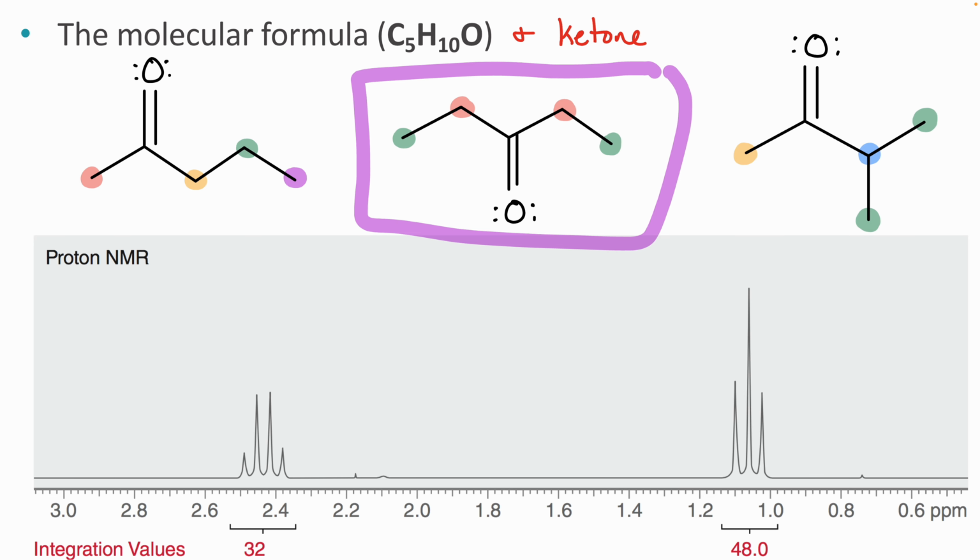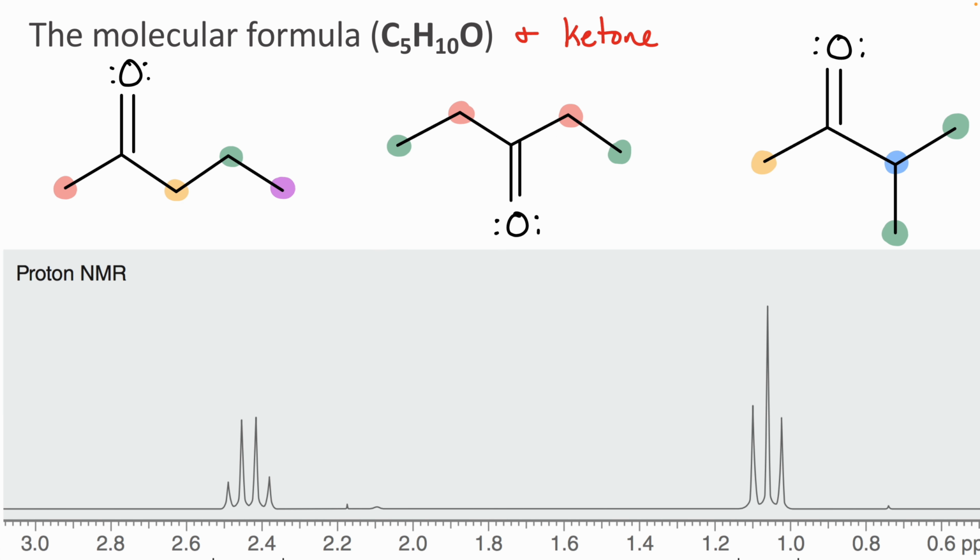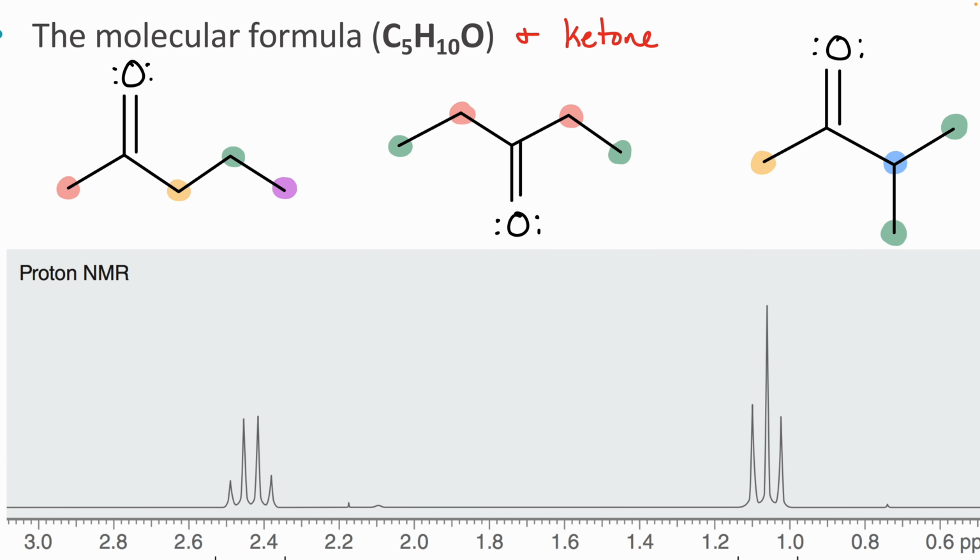All right, but now I want you to take a second and assign which one of these peaks corresponds to my green hydrogens, and which one of these peaks corresponds to my red hydrogens, by looking specifically at our multiplicity information here. Importantly, green's only neighbor is red.